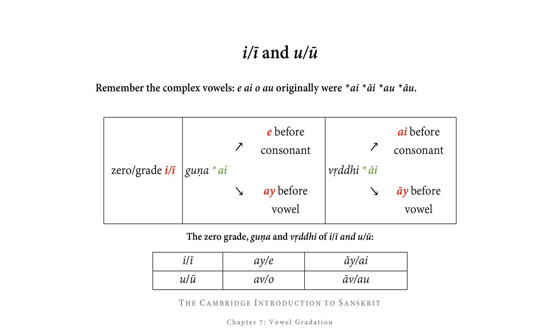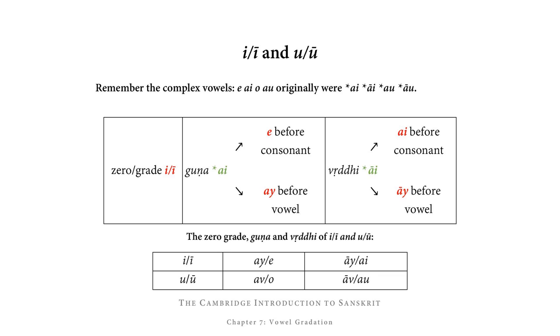So how does that come to be? Well, the zero grade is i, there is zero a in front of it. In the guṇa, we have an a added in front of it, and so a plus i we would expect to give us *ai. Now, as we know, *ai changes into e, but that actually only happens before a consonant.